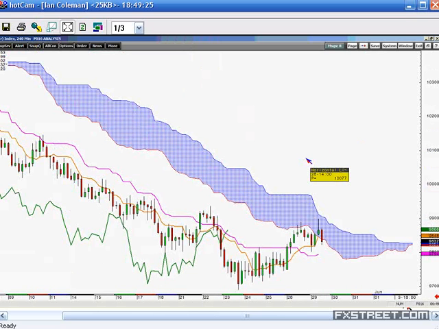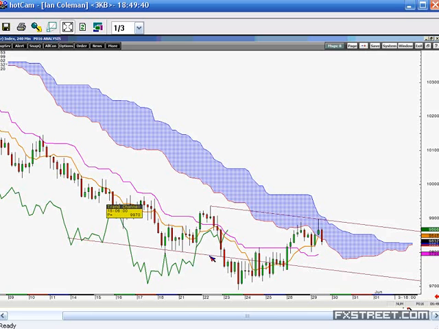Shorter time frames. Okay, 4 hourly. It does look overstretched to me, and I'm struggling to see an aggressive move. I think there's so many shorts in the market now. I'm struggling to see an aggressive move lower before we get some sort of half decent correction back up.